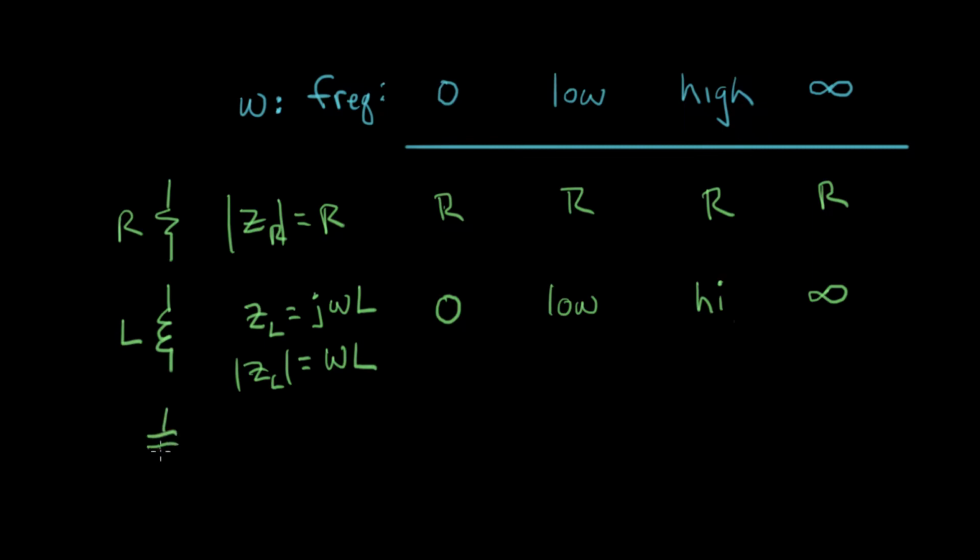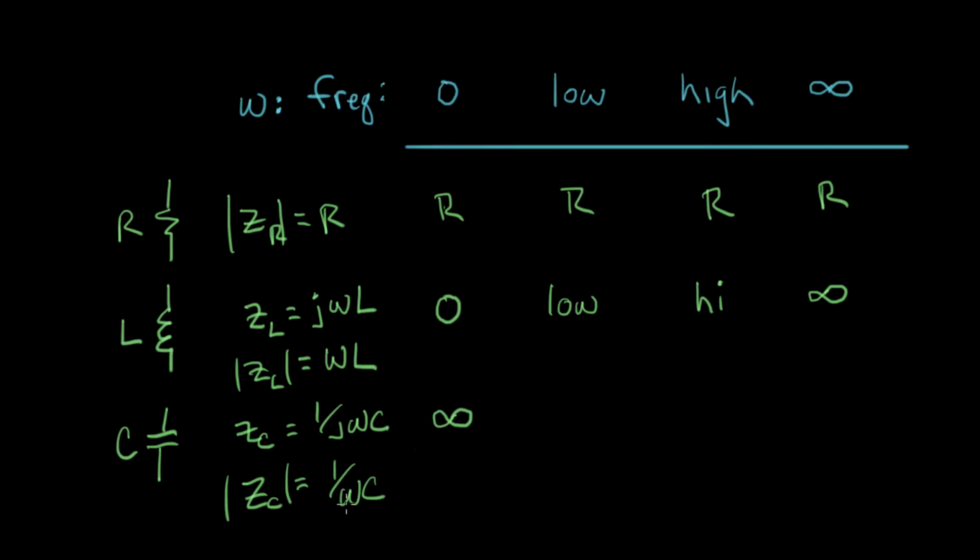All right, let's fill in the last one here. Here's our capacitor. And the Z of a capacitor equals 1 over j omega C, and the magnitude of the impedance is just 1 over omega C. All right, so let's plot that out. What is 1 over omega C when omega is 0? Well, it's infinity. And what if omega is a small number?